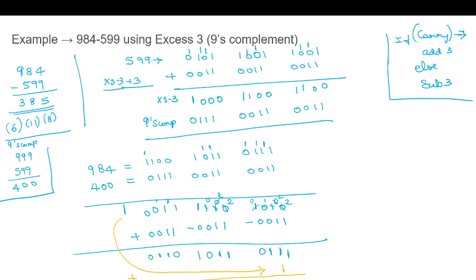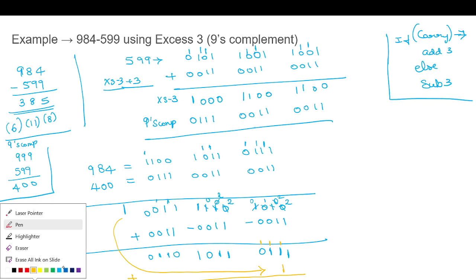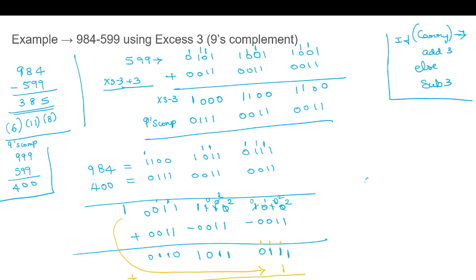This is 0 0 0 1 1 1 0 1 0 1 1 0. This is our final answer. If you see this, it is 6, 11 and 8 in excess 3, and this will be 3, 8 and 5 in decimal. Is it clear?